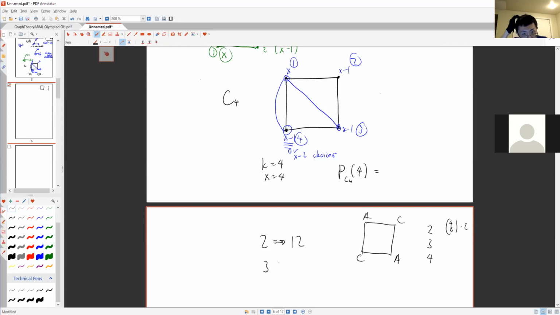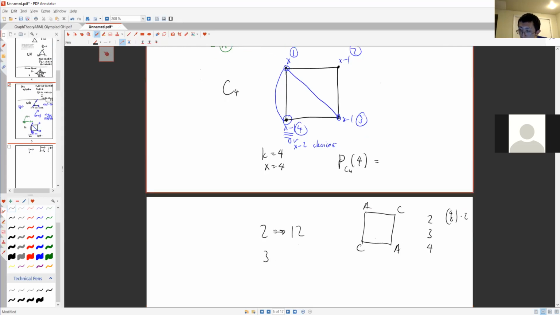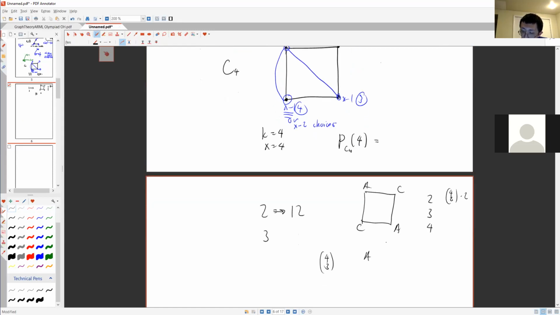If I use 3 colors, then maybe this isn't the best way to do it. But okay, there's 4 choose 3 ways to pick the 3 colors. And then let's see, there's 3 choose 1 ways to pick which color is repeated.